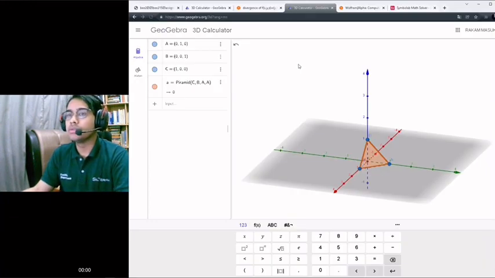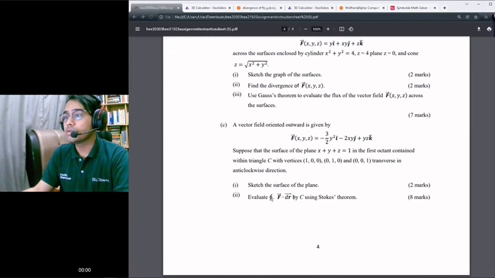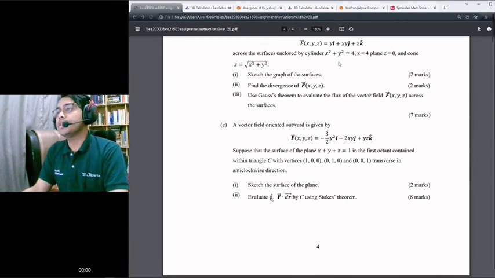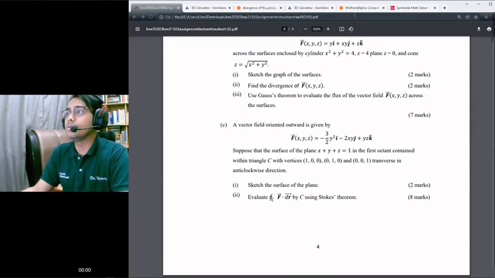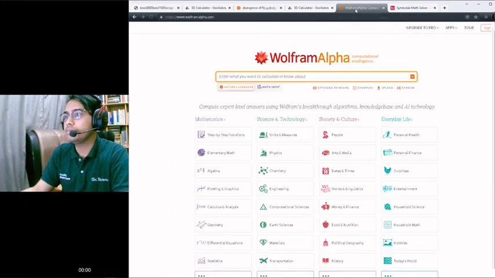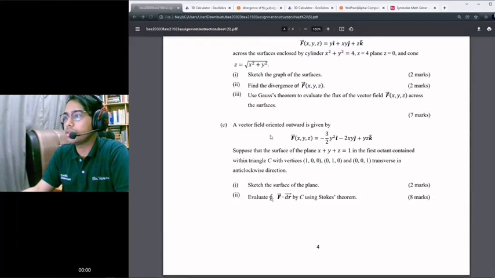Moving on to the next question, which is to evaluate this formula by using Stokes' theorem. Firstly we need to find the integral dy dx using Wolfram Alpha, from the given 3/2 here.